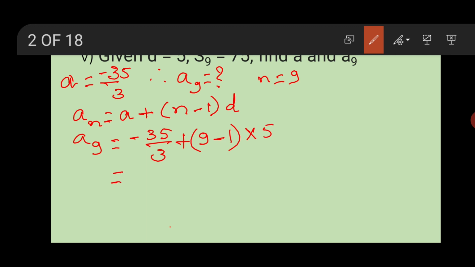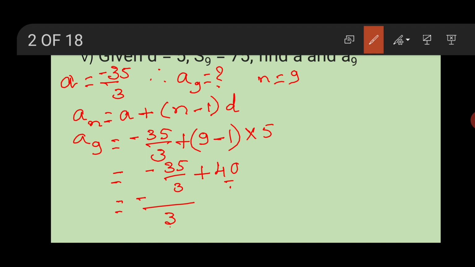So a9 is equal to minus 35 divided by 3 plus 8 fives are 40. So minus 35 divided by 3 plus 40 is equal to, simplify, take the LCM here. 40 divided by 1 here. So take LCM 3, cross multiply.